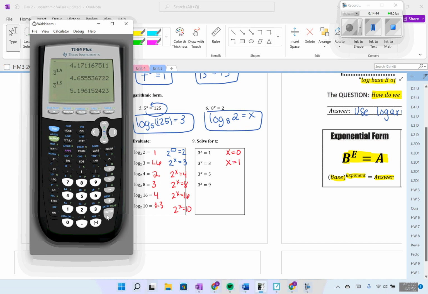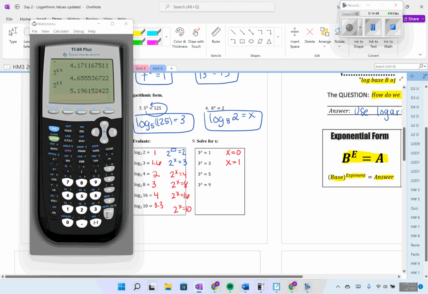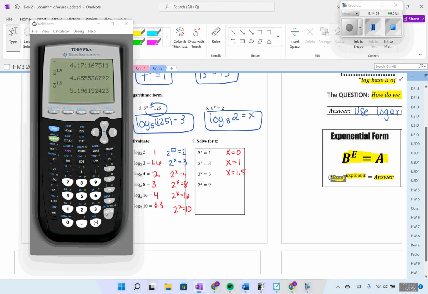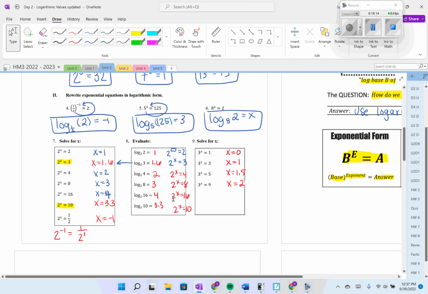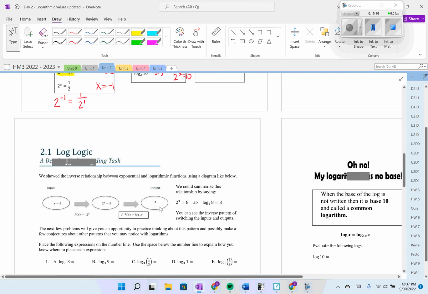So I'm just going to go ahead for this one and say about 1.5. You could also say 1.4, but since 1.5 is closer, I'm going to use that. And then 3 to what power is 9? So for this one, we know x would be equal to 2. So we use this idea of exponents to help us solve for logarithms because the answer to a log is an exponent. So that's what we're going to be doing in this next part.